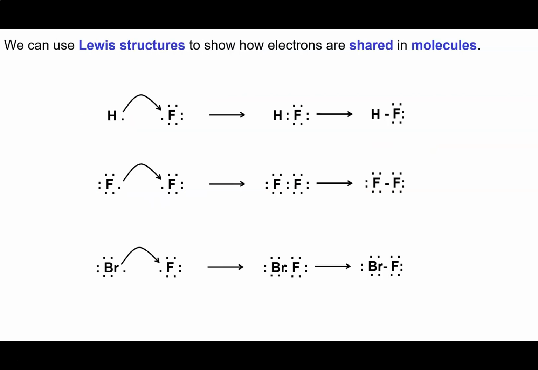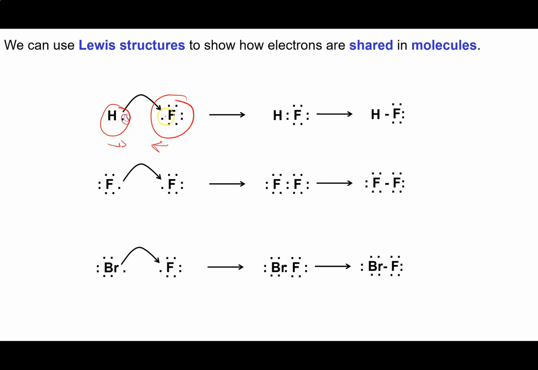So just like we did for ionic compounds, where we use Lewis symbols to show how electrons were transferred, we can use Lewis symbols to show how electrons are shared in covalent compounds. So here's a hydrogen atom. It's in group 1A, so it has one dot in its Lewis symbol. And here's a fluorine atom. It's in group 7A, so it has 7 dots in its Lewis symbol. And if these two atoms come together, what do we see?